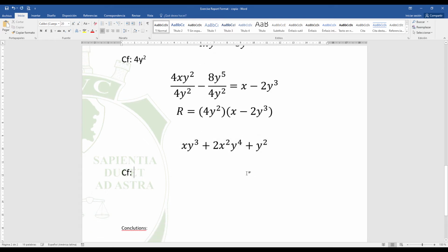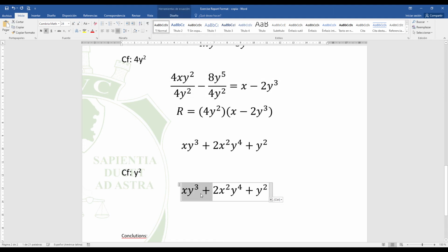So here, look for the common variable: x is present in 2 terms, but y is present in 3, so it is y, because it exists in more terms, and the lowest exponent is 2, so it's squared.